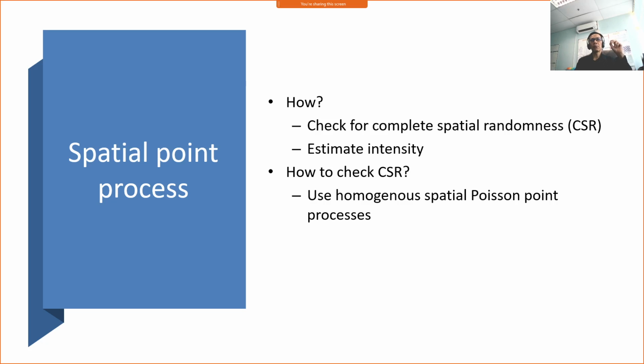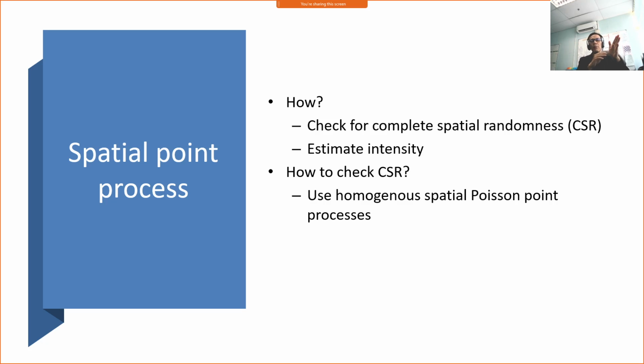Complete spatial randomness means: does it happen randomly or does it happen non-randomly? So that's the hypothesis. If you have points, you can check for that.